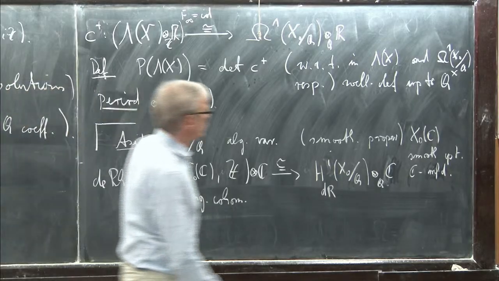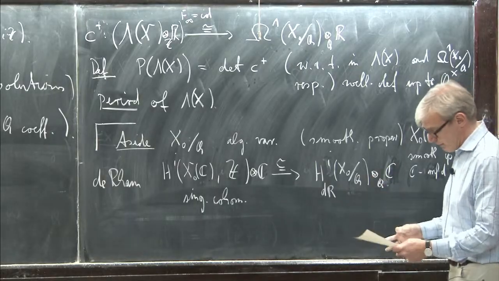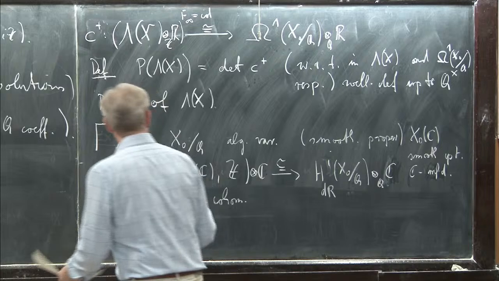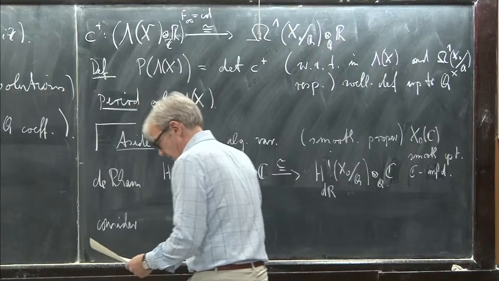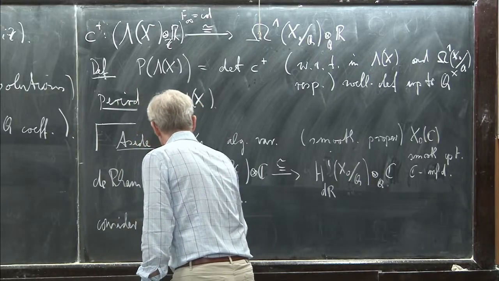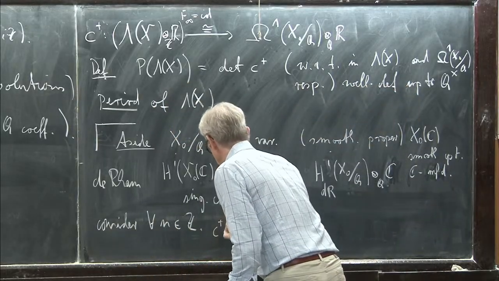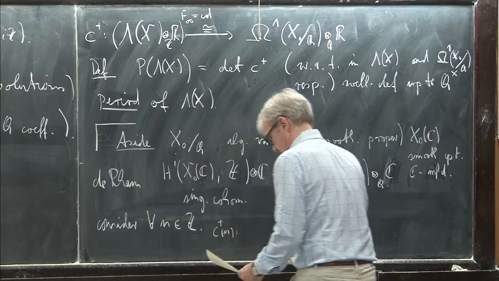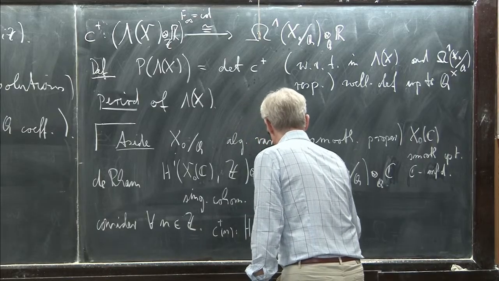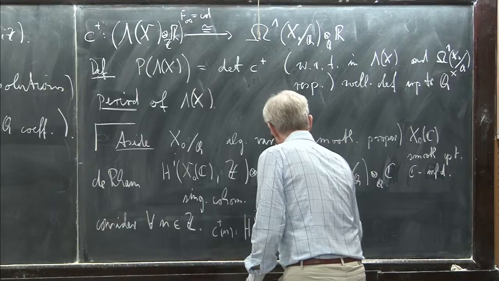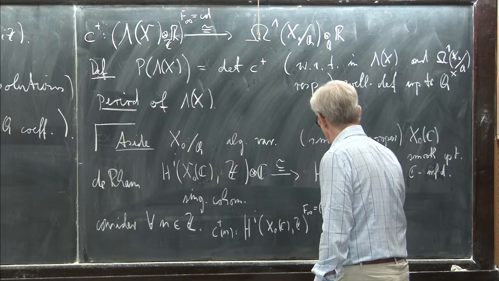And now this replaces the period lattice, and this replaces the differential forms. I only say the following because this introduces a notion which comes up later. So consider, for any integer n, the following map, C plus n. It goes from this group. You again have an action of complex conjugation, and you take an eigenspace.